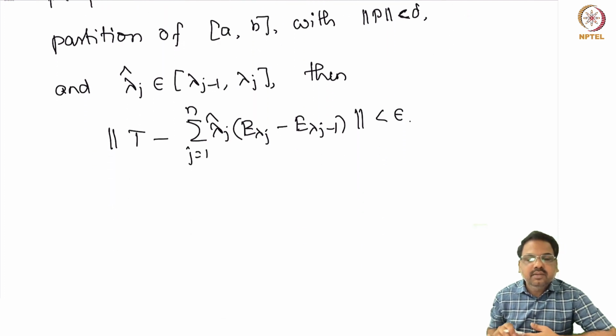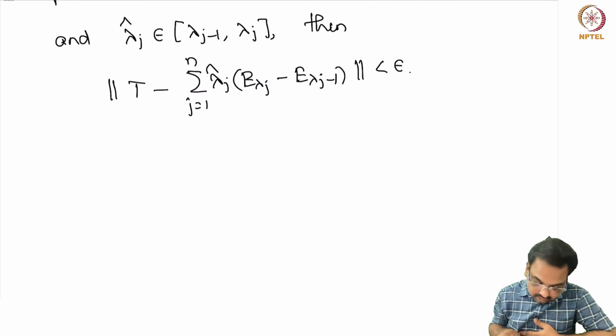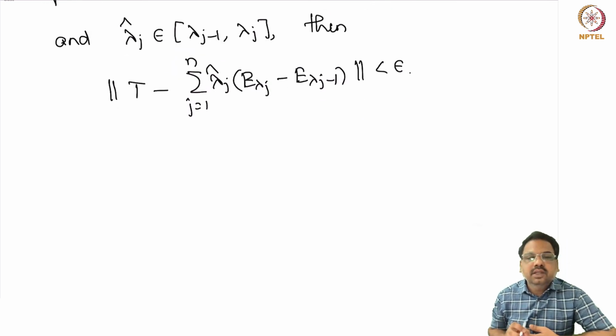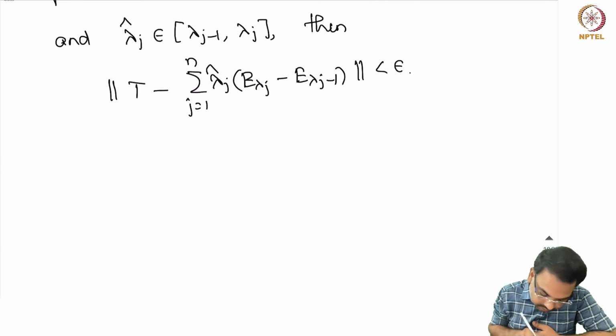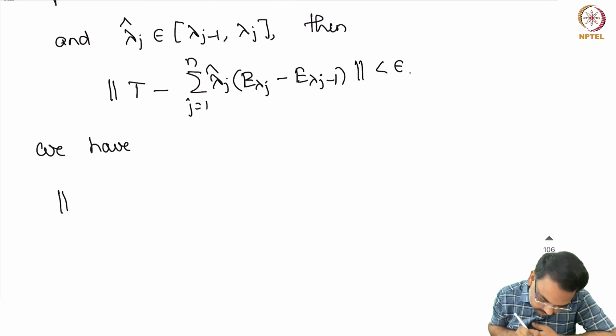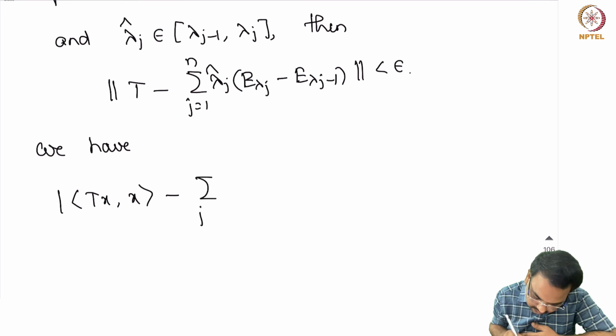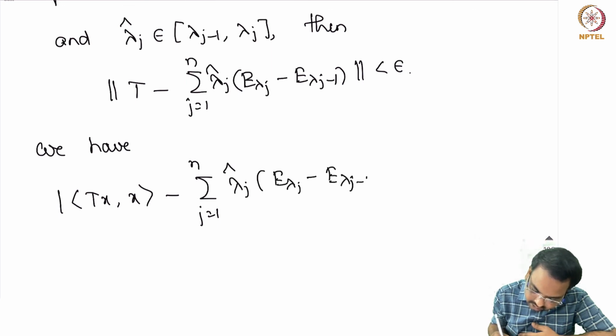But we want to look at the inner product of Tx with x and the corresponding Riemann-Stieltjes sum with respect to the increasing function alpha lambda. So we have the modulus of the inner product of Tx with x minus the summation j equal to 1 to n of lambda j times the inner product of E lambda j minus E lambda j minus 1 applied to x with x.